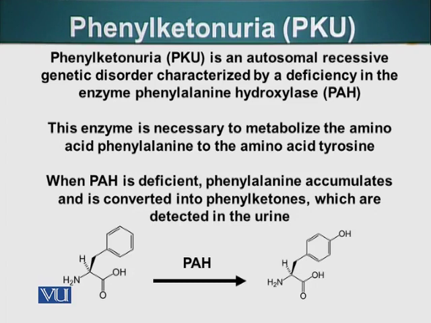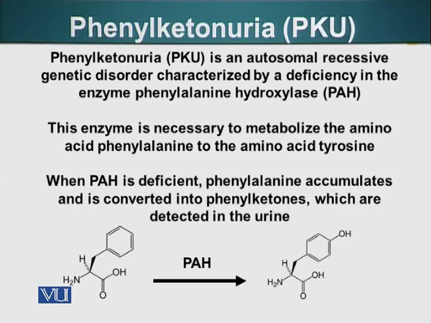Phenylketonuria is characterized by deficiency of an enzyme called phenylalanine hydroxylase, or PAH abbreviated. This enzyme is necessary to metabolize amino acid phenylalanine into amino acid tyrosine.